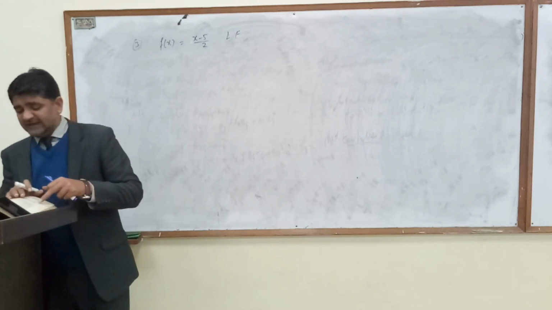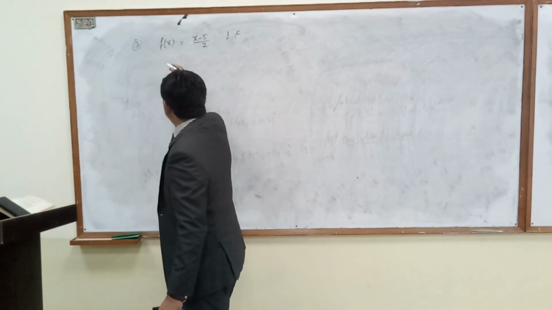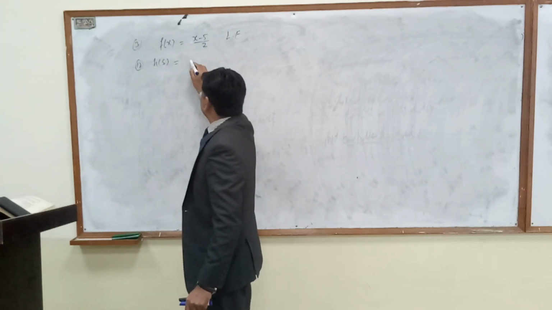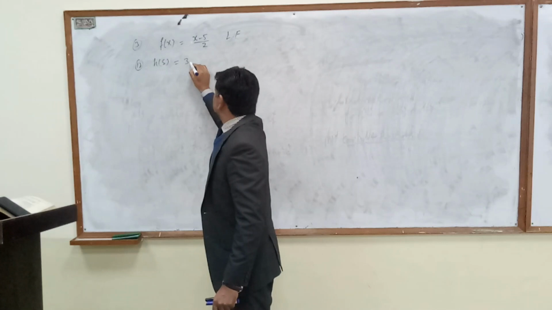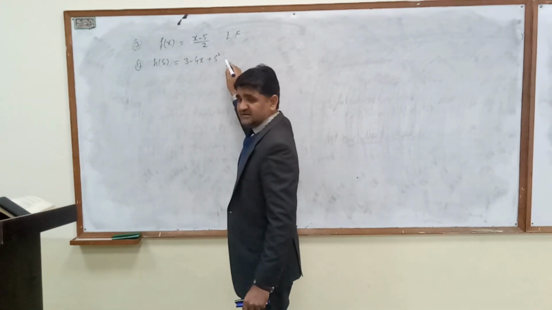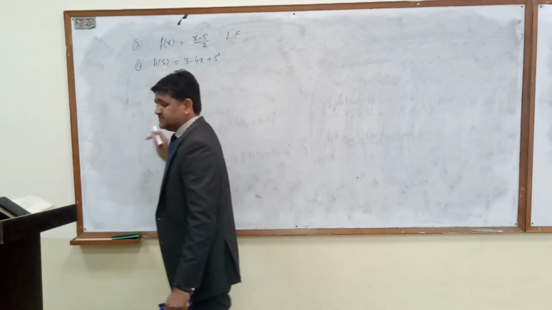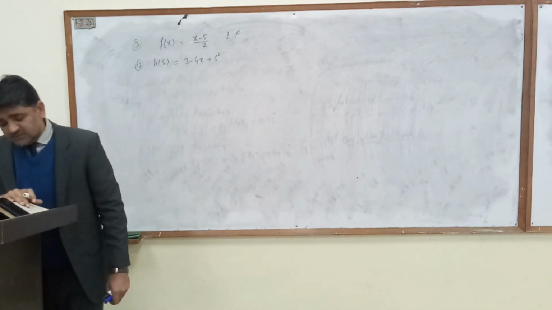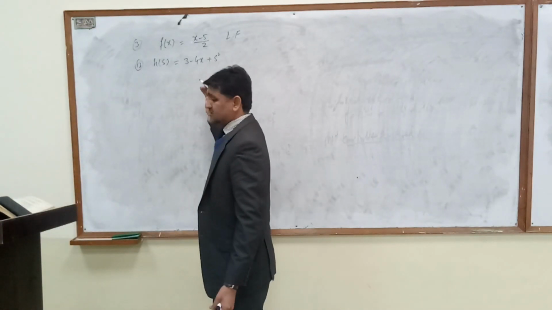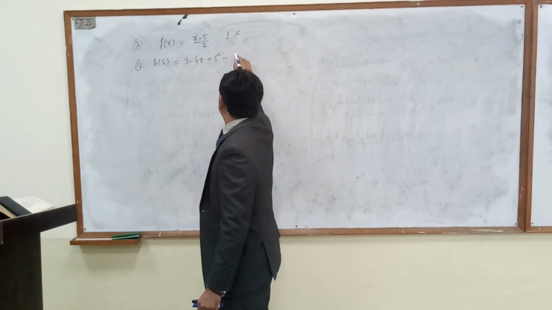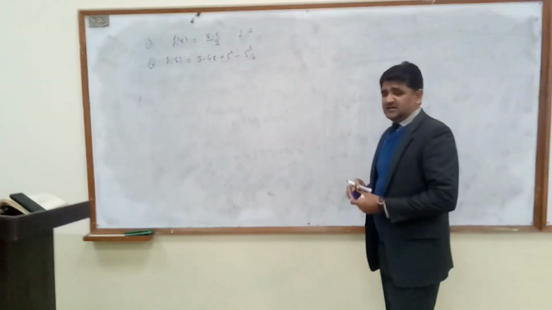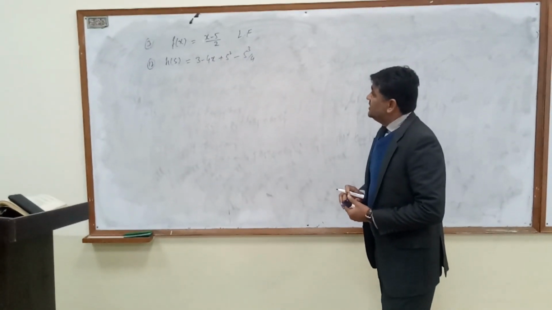H of s is equal to 3 minus 4s plus s square minus s cube divided by 4. So that is the function.